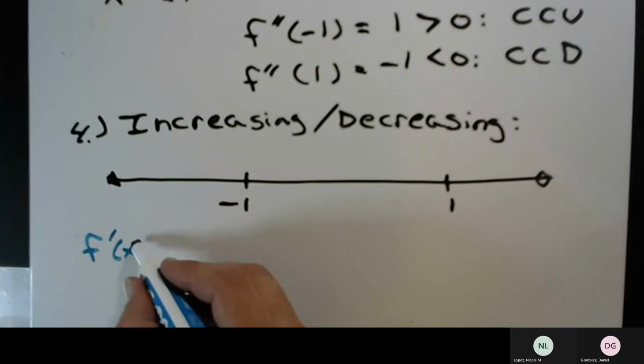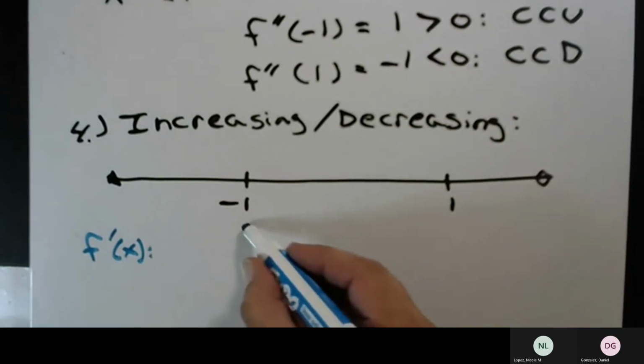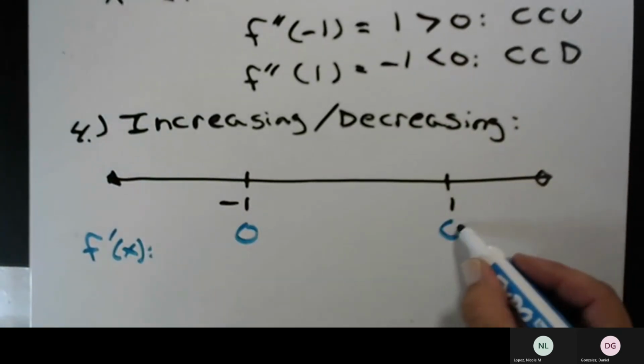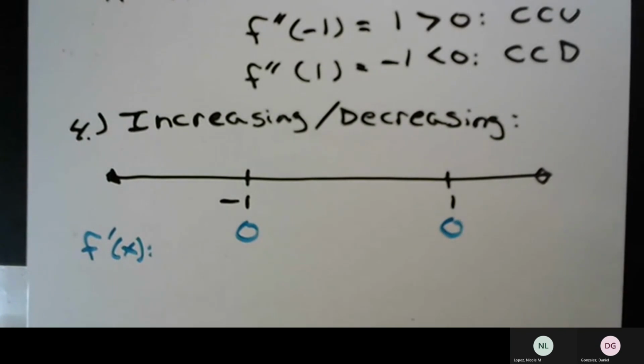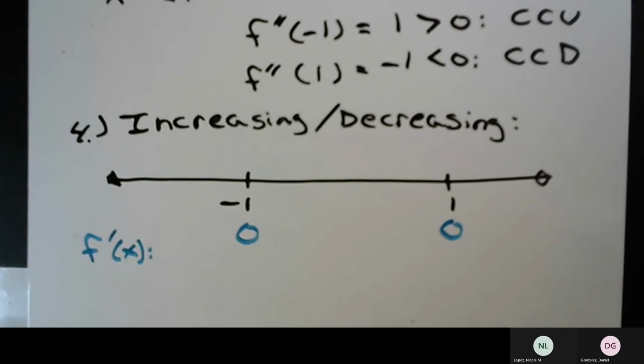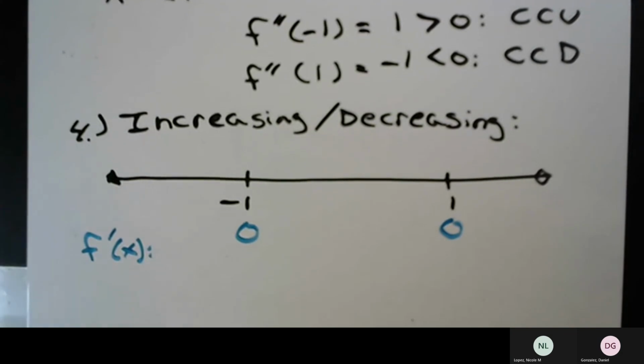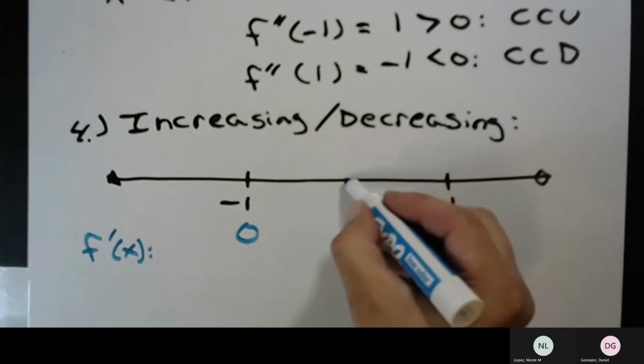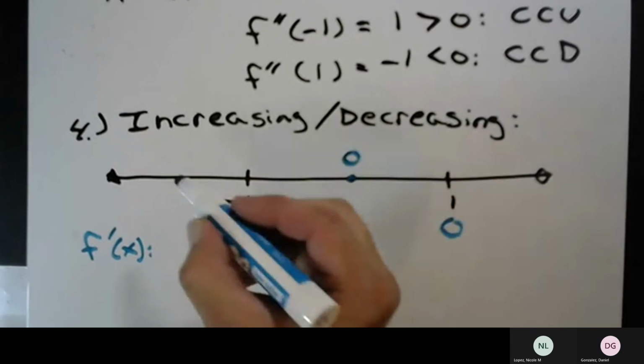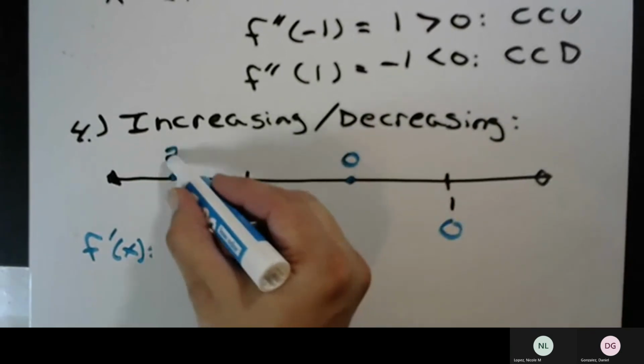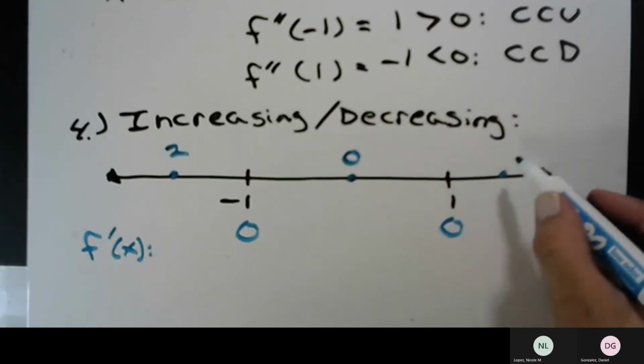That's going to be the key for increasing or decreasing. And we know it's 0 at -1 and 1. So again, what we could do is use test points. I'd recommend 0, to try to keep it simple.